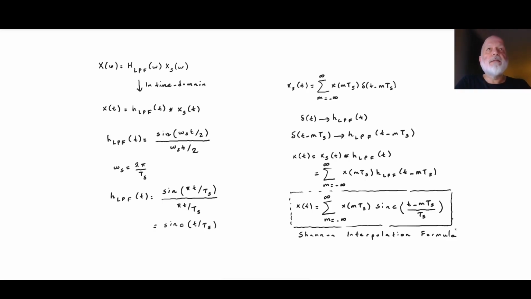So in a way, this expression summarizes all the theory we have developed so far, namely, first using a signal model xs of t that we obtain by sampling x of t by an impulse train, and then using the ideal low-pass filter to recover x of t from xs of t.